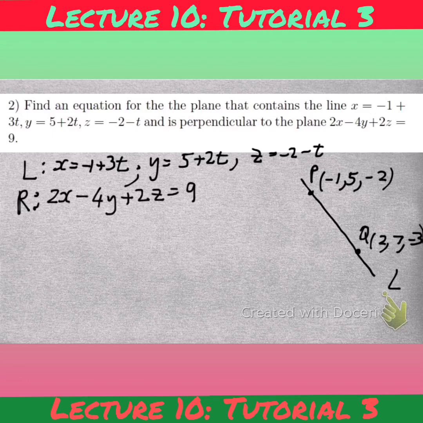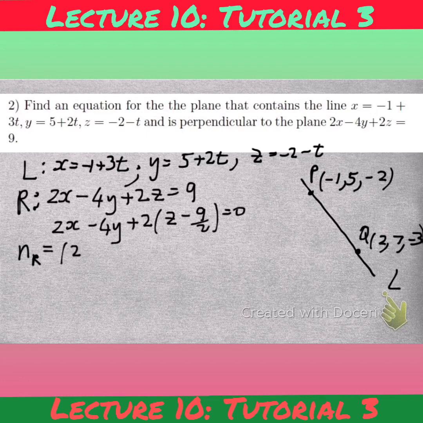You can write that as 2x - 4y + 2z - 9 = 0. So the normal vector of this plane R is the vector (2, -4, 2).